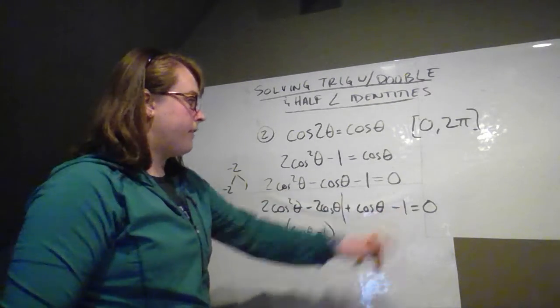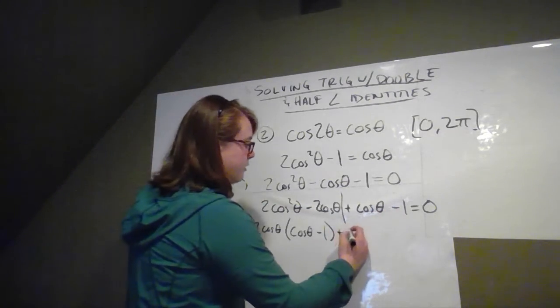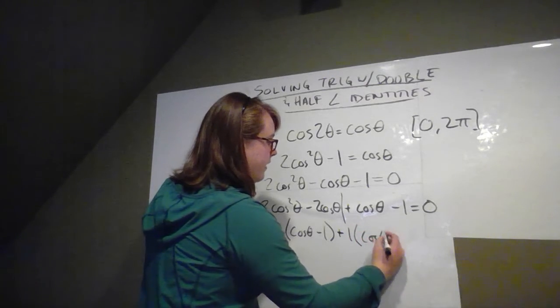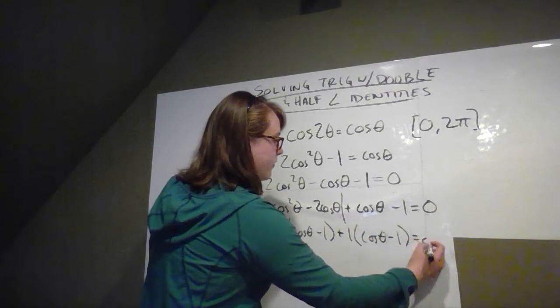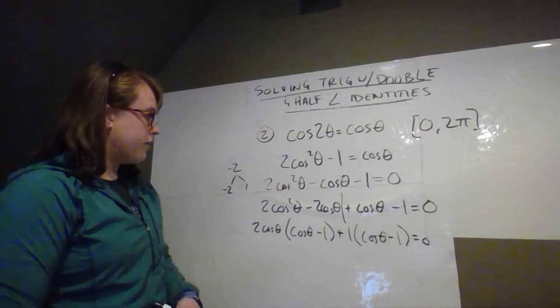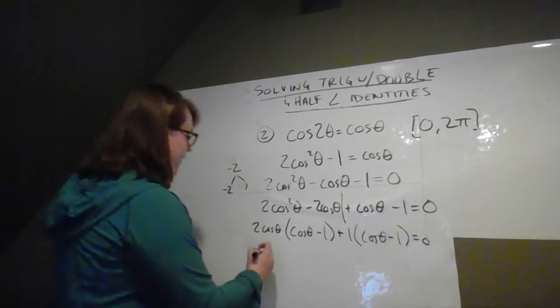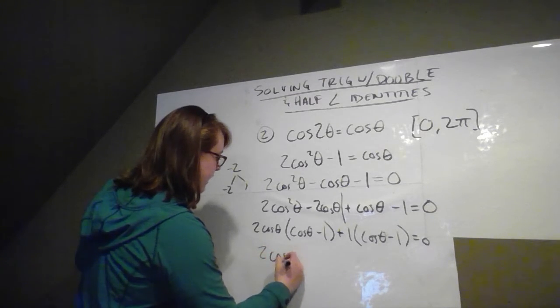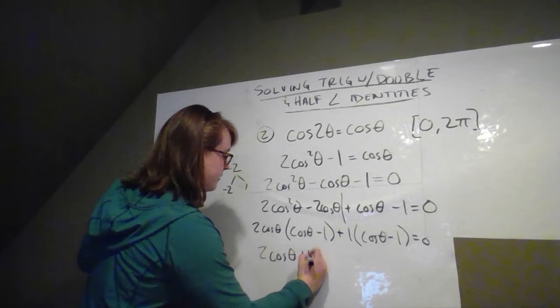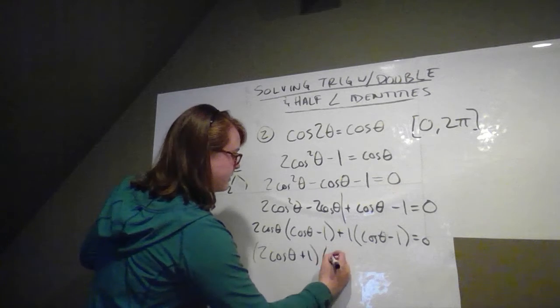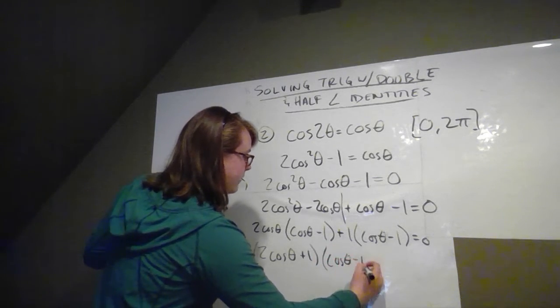And then the greatest common factor over here is just 1. So plus 1 times cosine theta minus 1. And now notice they both have a cosine minus 1 in them, so I'm going to factor that out as well to get 2 cosine theta plus 1 times cosine theta minus 1.